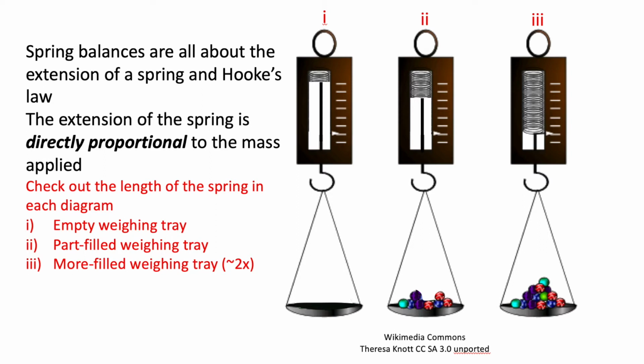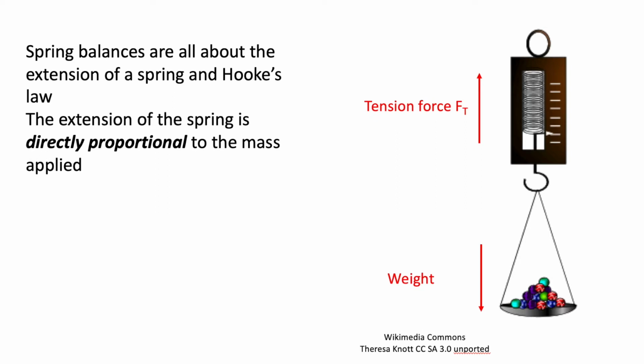The spring in the force meter, its extension is directly proportional to the mass. So we've got an empty weighing tray, one with some objects in it, and then one with more objects in it, and you can see the extension of the spring each time.